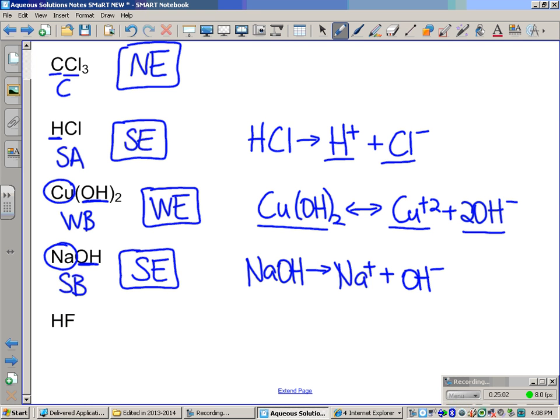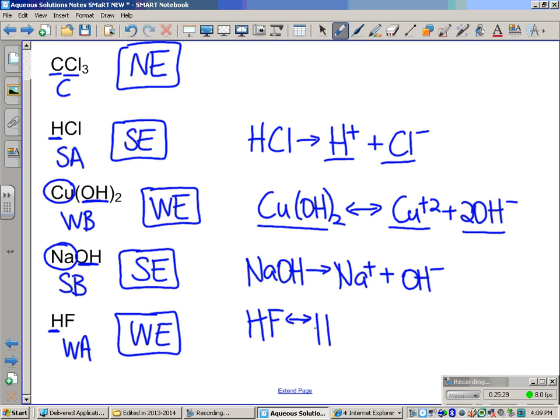Do not break up the oxygen and hydrogen because you're supposed to break it into the ions it's made up of, sodium and hydroxide. Really what its name was indicating probably is a good way to think of it. All right, next one, HF, acid, but it's a weak acid. Weak acids will be weak electrolytes. Weak electrolytes do get equations, but they're special in that they will have a double-sided arrow. So we'll have H plus and F minus.